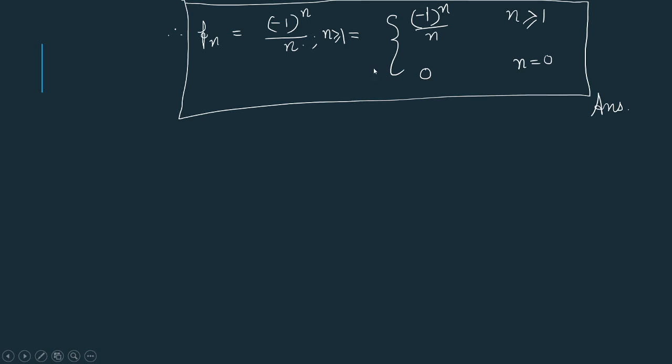We can write down this in another form as when n equal to 0 its value 0, and when n greater or equal to 1 its value minus 1 to the power n upon n. In this way, we apply power series method for finding inverse Z transform.